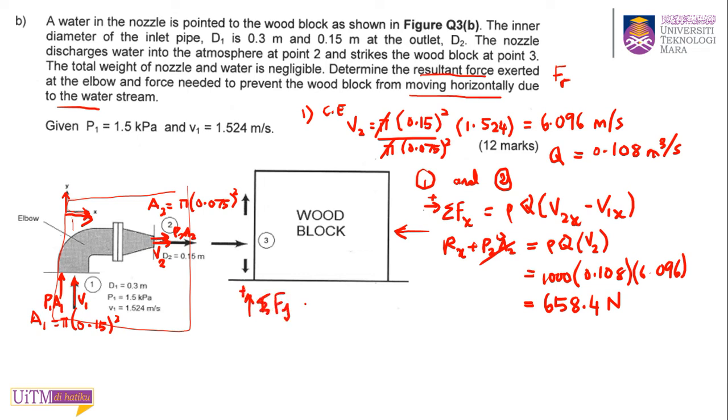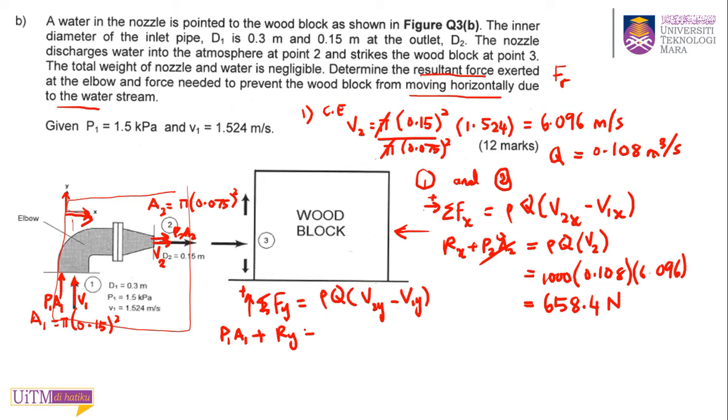Fy equals rho Q times V2y minus V1y. And upward, you have P1A1 going upwards, so P1A1 in the same direction, plus your Ry, the one that you want to find. That's all.